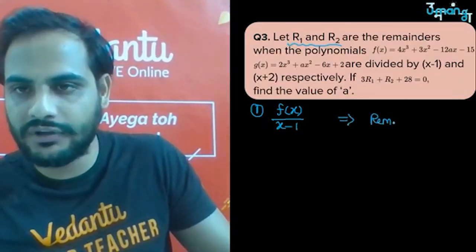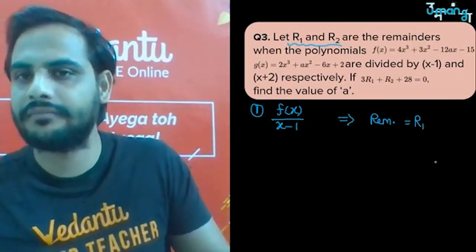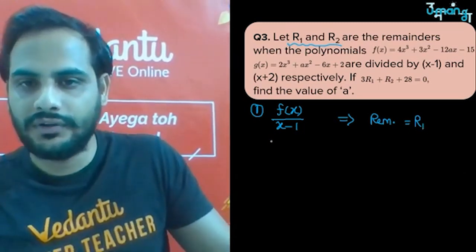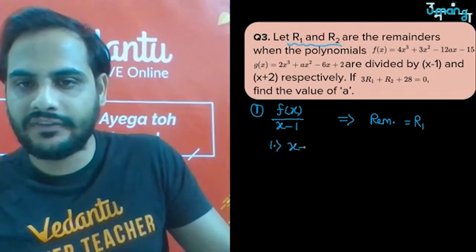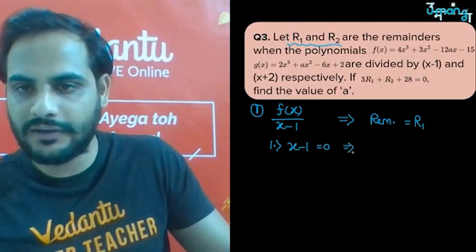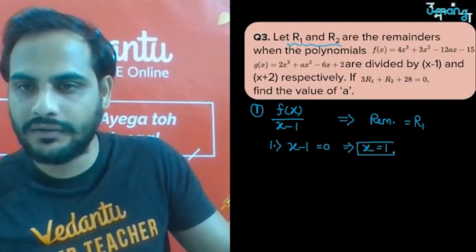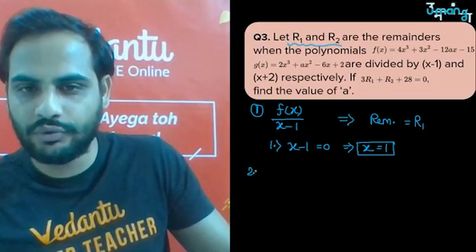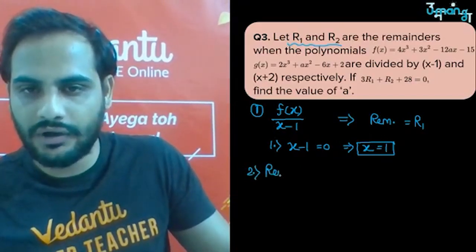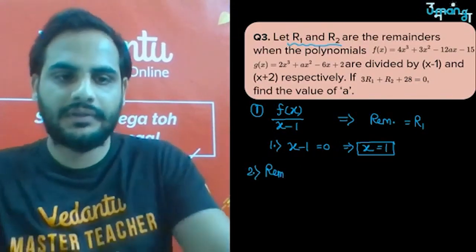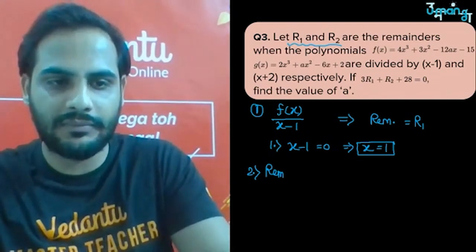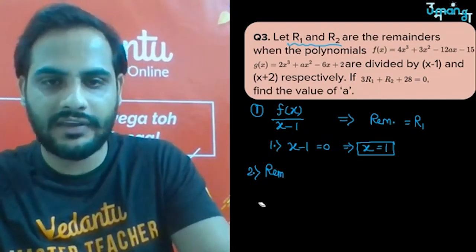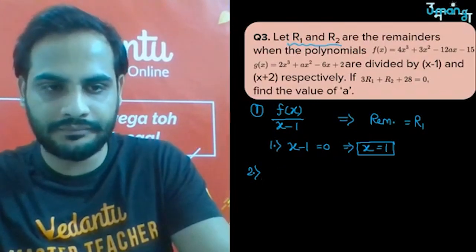They have told us the remainder is R1. So step 1, x minus 1 equal to 0. That means x is equal to 1. And now step 2: instead of writing remainder, I write R1 only, because we know they have given us the remainder as R1.